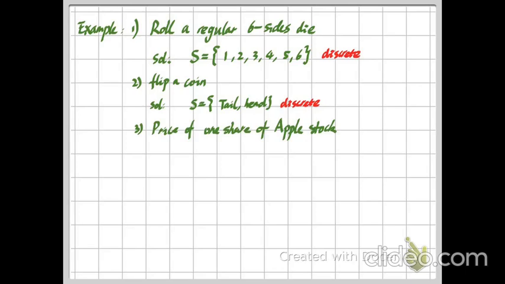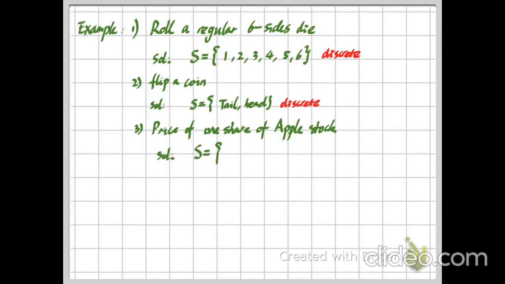This third example is a finance example: the price of 1 share of Apple stock. Now we cannot list the answers, right? Because the answer can be any number, for example, any non-negative number.